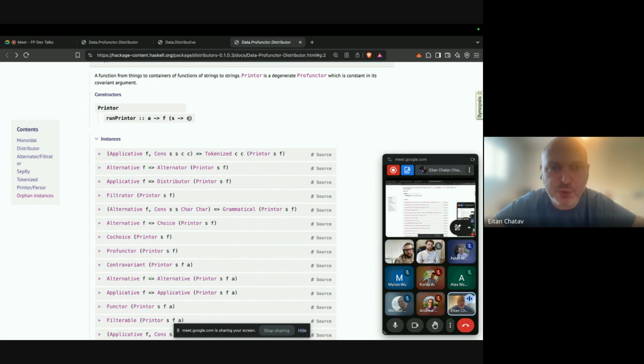Otherwise, if it was just a string, then we would need to give it a monoid instance in order to get all these. But since it's a function, an endofunction, we can just use function composition as our monoid operation. And there's the whole argument about efficiency of the Cayley representation of monoids.